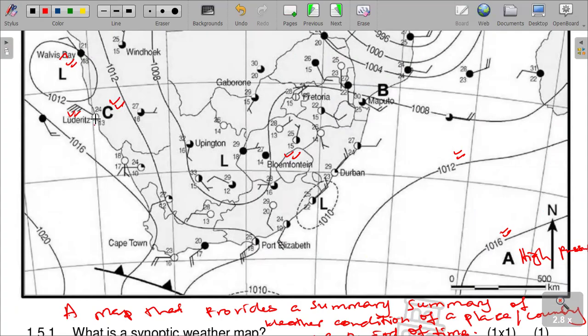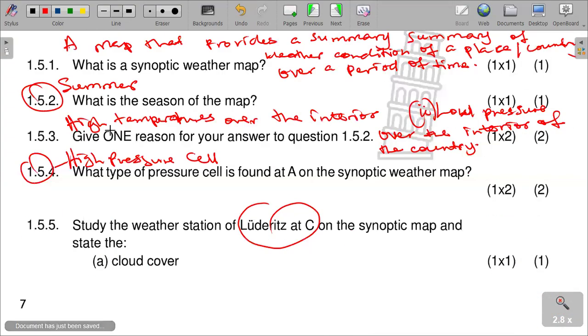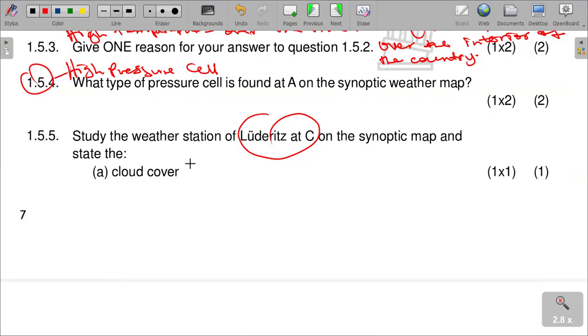The cloud cover is shown by this circle, which is showing what? Clear sky. You can see that it is totally unshaded, which shows that it's totally clear sky. Cloud cover is clear skies.